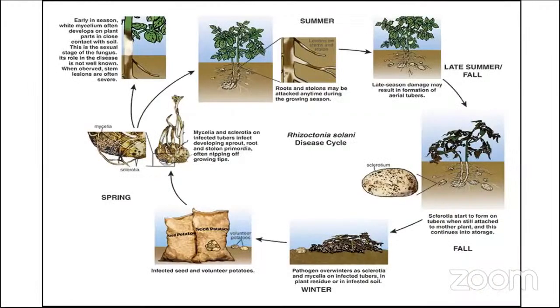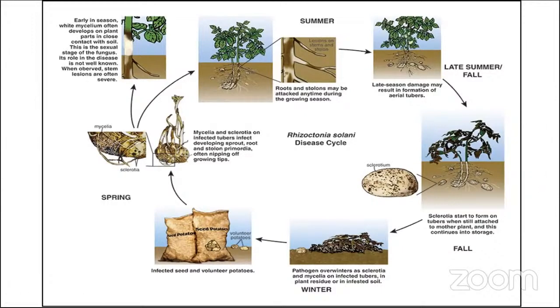Now you can see the disease cycle of Rhizoctonia solani. The pathogen overwinters as sclerotia, which are the fruiting bodies of the fungus, and as mycelia on the infected tubers, in plant residue, or on plant debris in the soil.